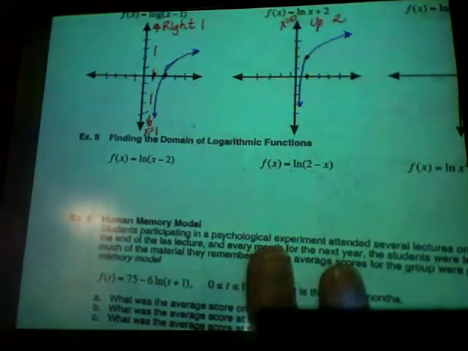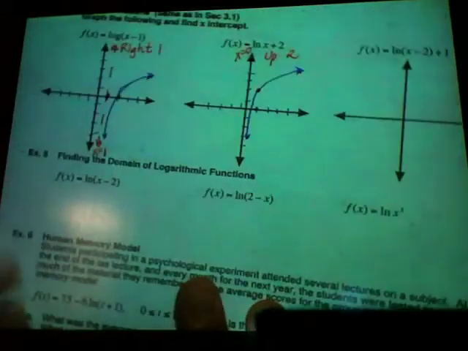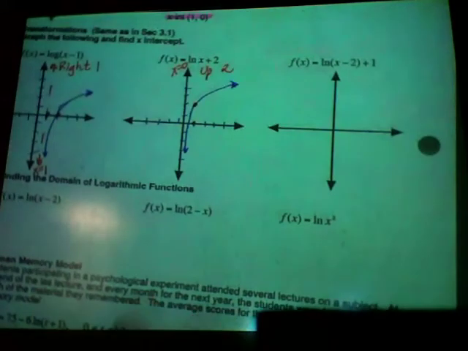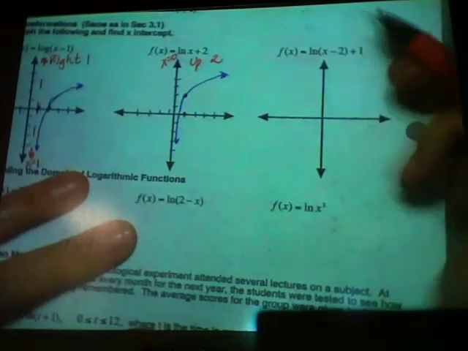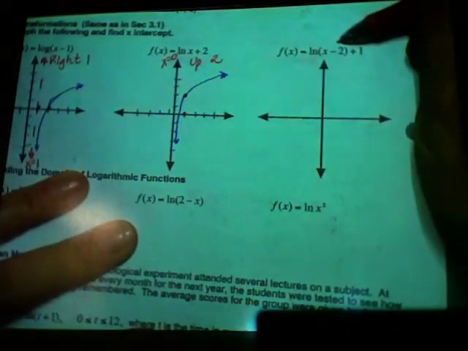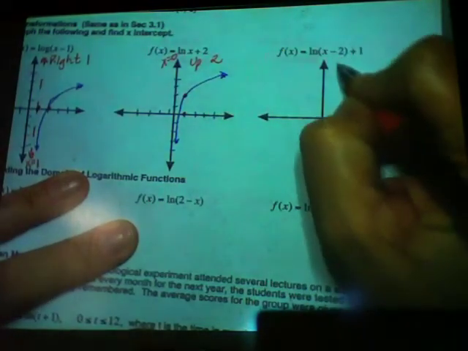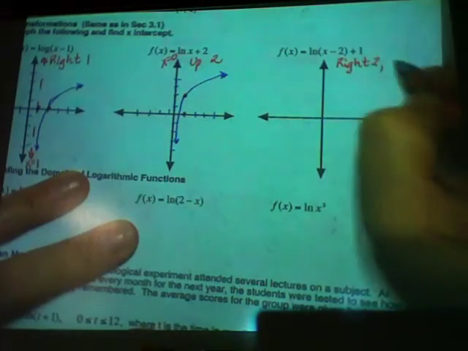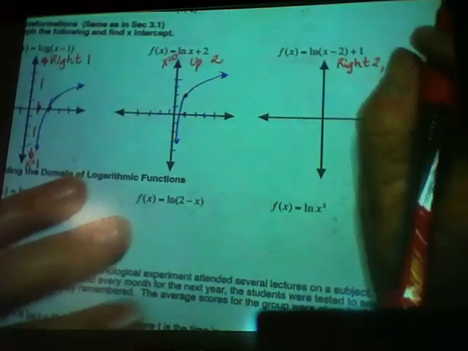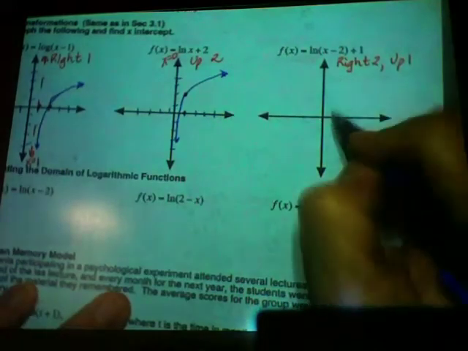All right, look at this last one. There's 2 shifts going on here, right? What does this do? Right 2 and up 1. So which one affects the asymptote?